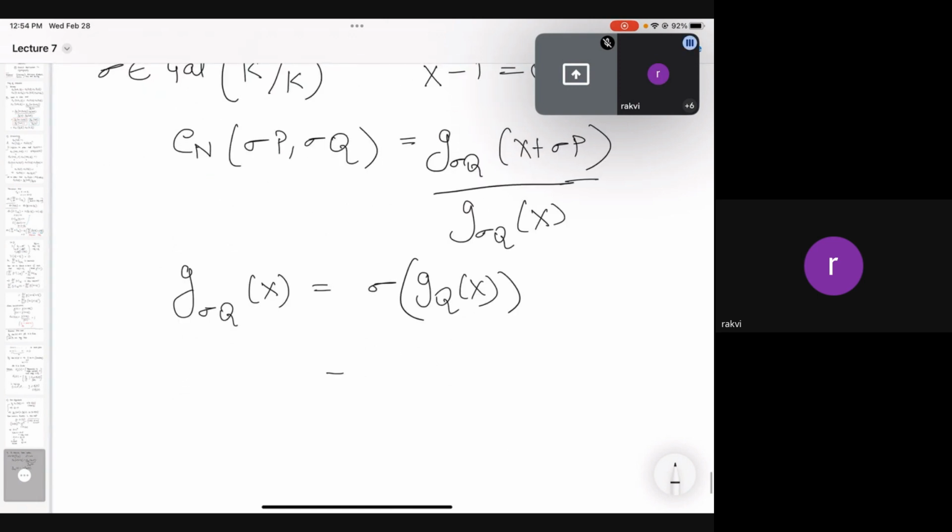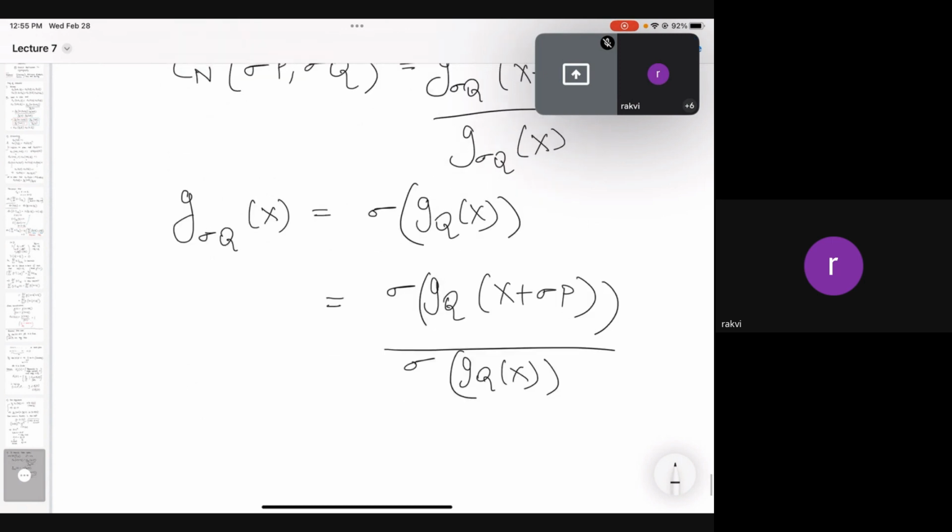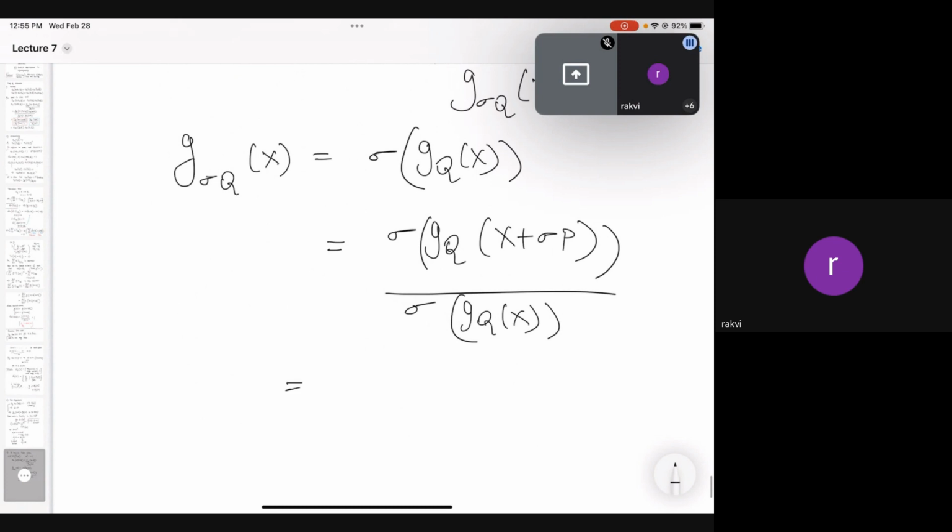So this is sigma of g_q acted on x plus sigma p, divided by sigma of g_q of x. And now this is sigma acting on this ratio overall.